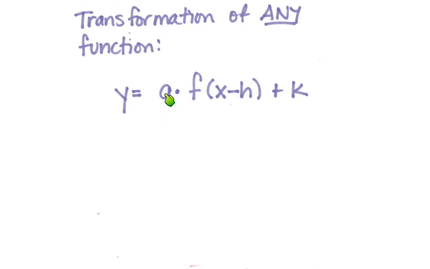If the absolute value of a is between 0 and 1, then it will compress. It'll look more squat. We have a horizontal shift and a vertical shift. The f is the name of the function, the parent function that we have memorized.